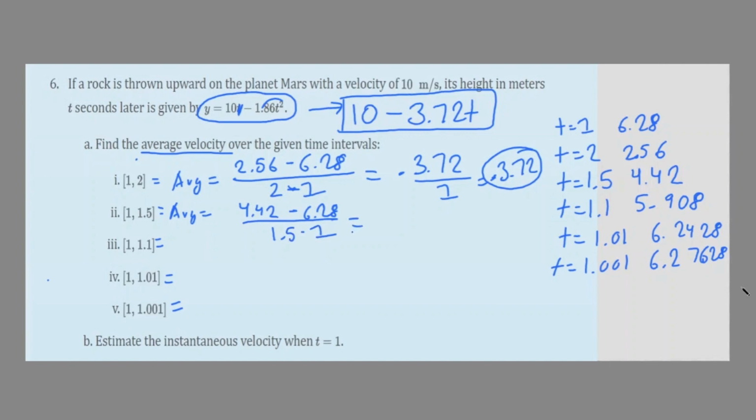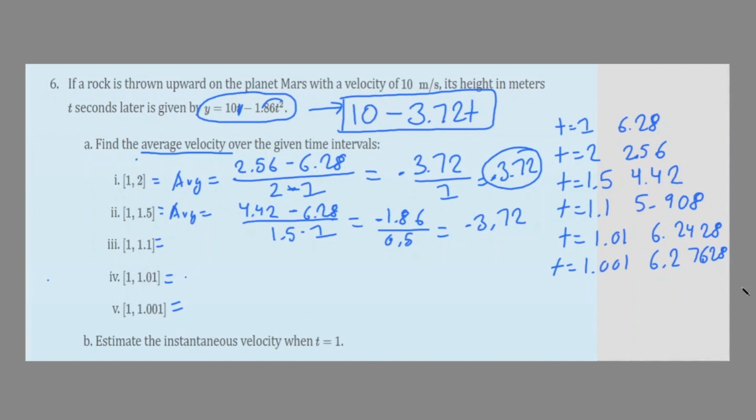So if we do the math there, that would be negative 1.86 over 0.5. Now if we simplify that, that would just give us negative 3.72, which is the same as the first one.